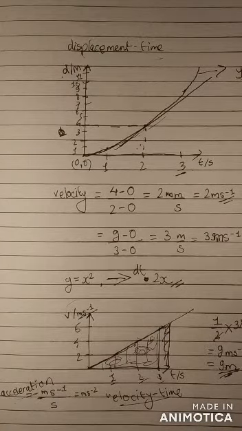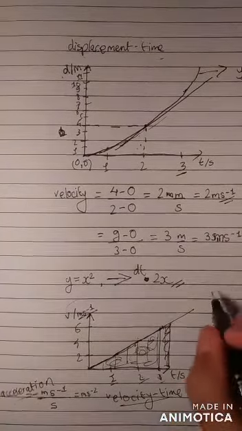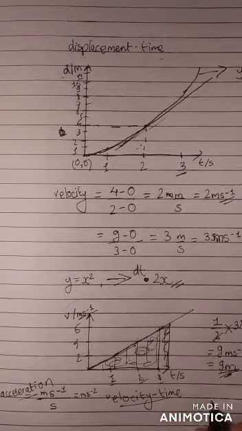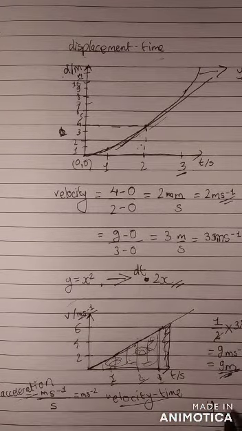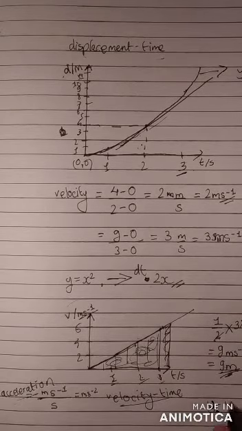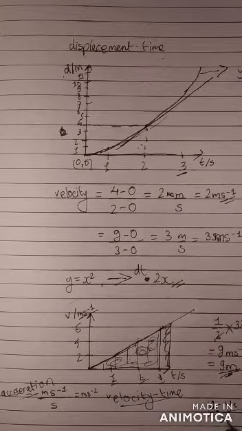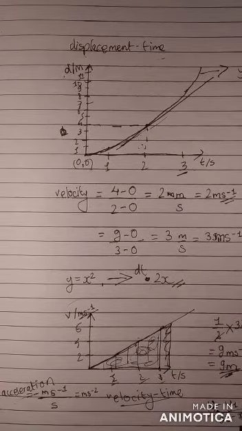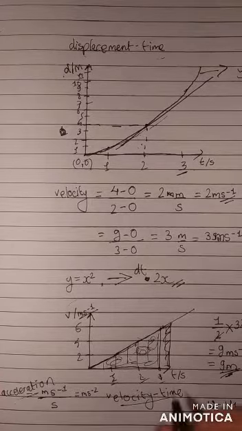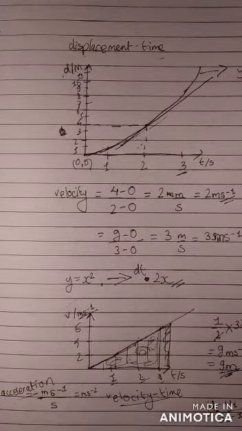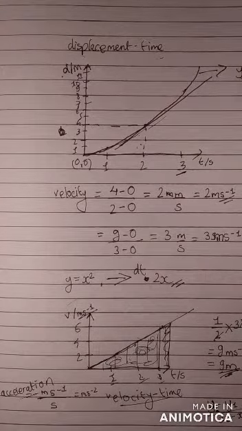What is the expression here? Just take y2 minus y1 by x2 minus x1. I have used this formula a lot, it is important. Here y is 3. Suppose this is 0, y1 is 0.